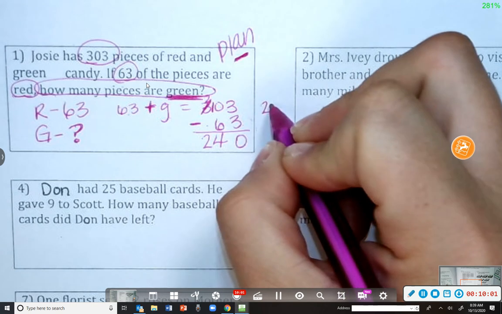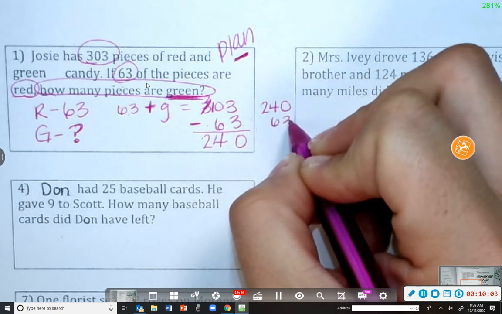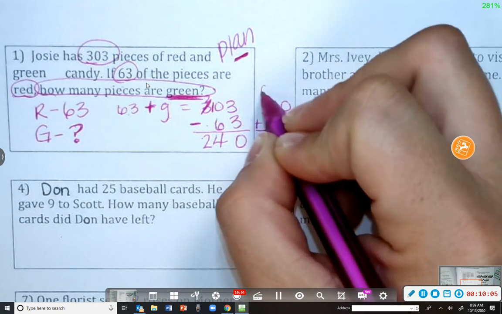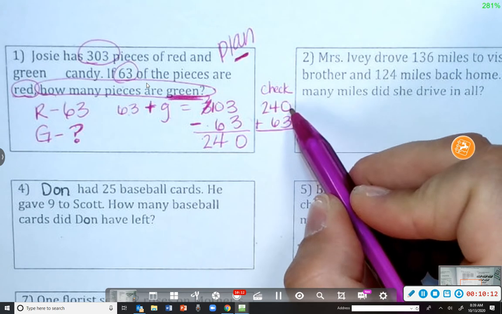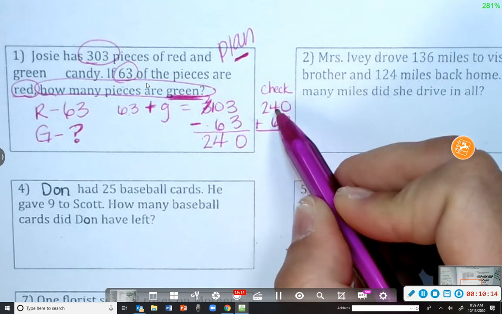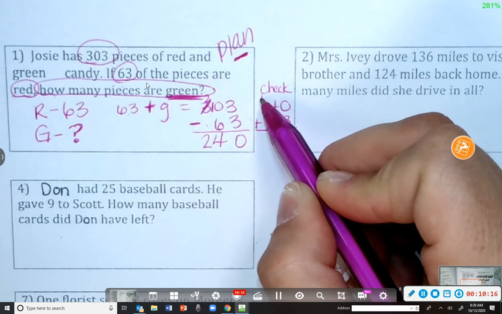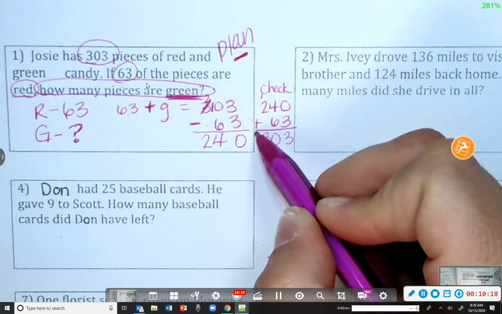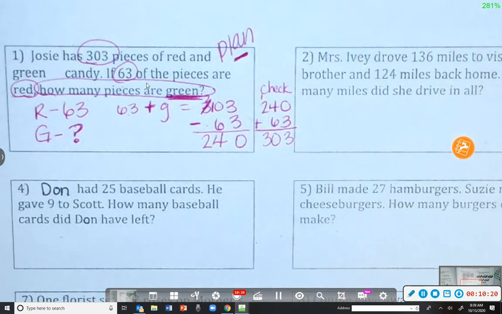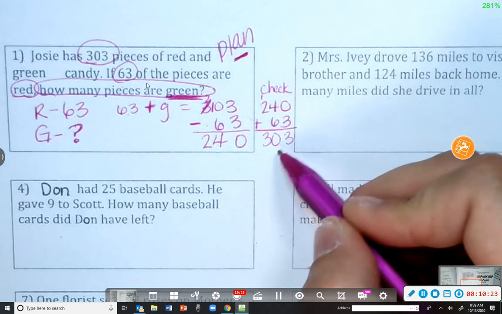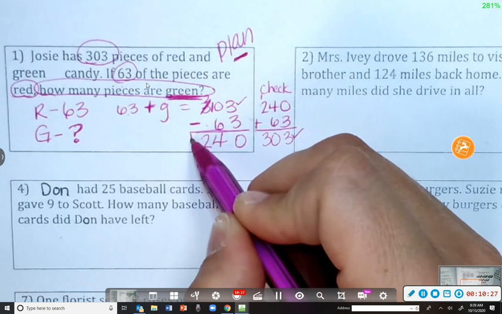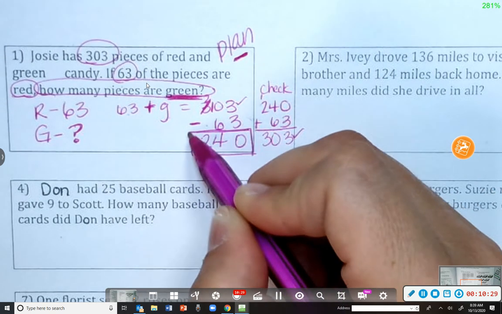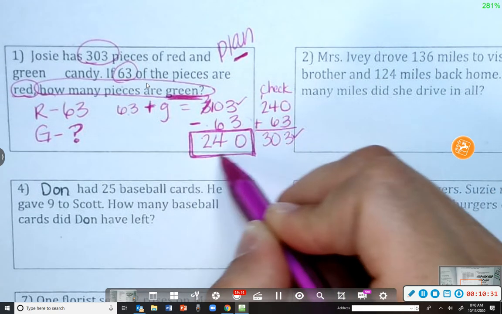So 240 plus 63, and this is the checking step. 0 plus 3 is 3, 4 plus 6 is 10, and 1 plus 2 is 3. So is our answer correct? Yes, 303 is my top number. So now I can box 240 as my final answer.